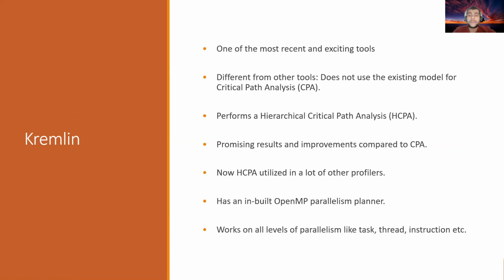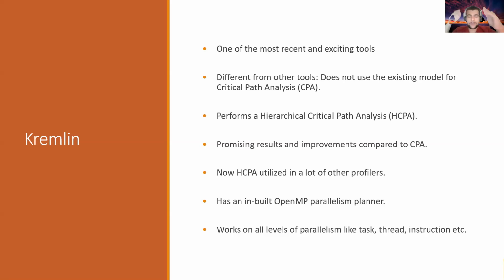And Kremlin is a really exciting tool. It's actually a really novel tool, because what tools usually do is perform a critical path analysis, which gives the flow of the program from one task to the next. But in terms of parallel computing, you would think that hierarchical path analysis would be better, right?